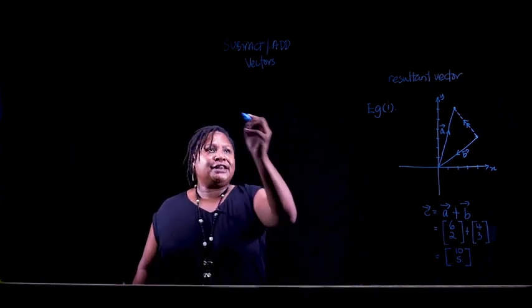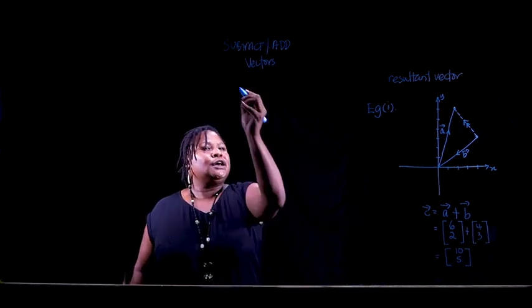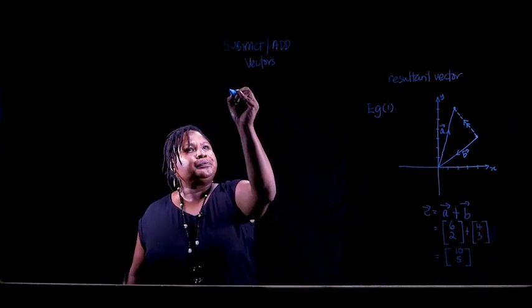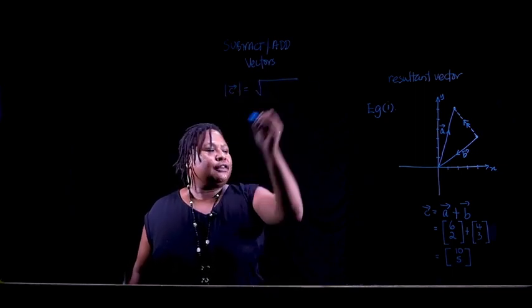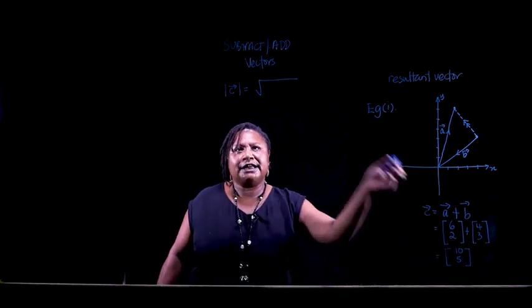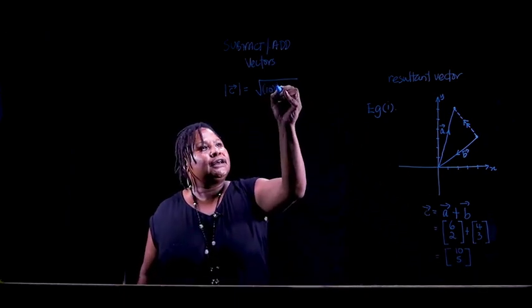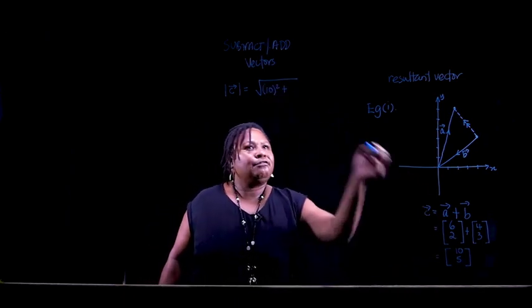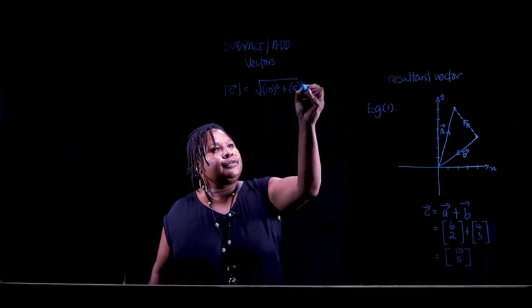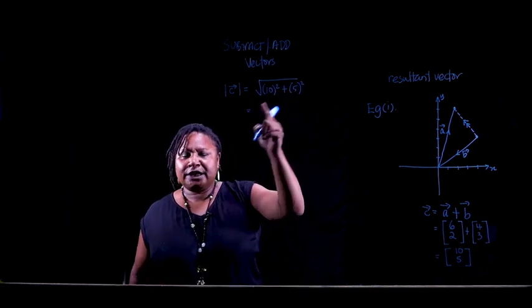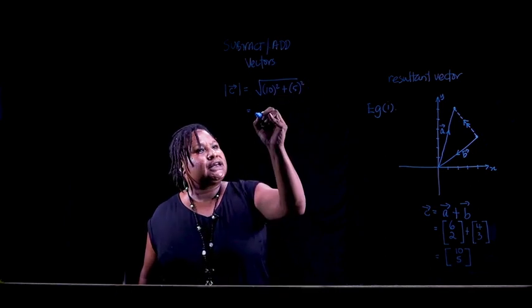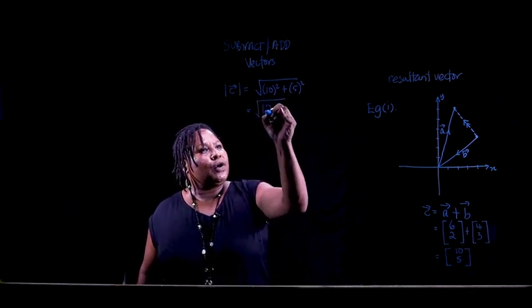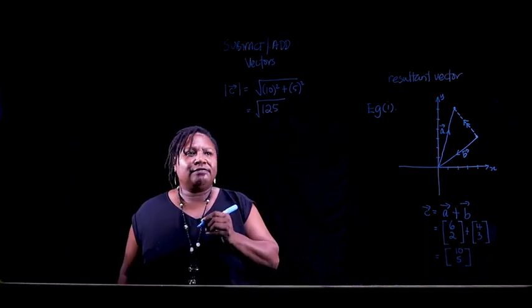We apply Pythagoras to find length. Vector C is equal to the root of 10 squared plus 5 squared. 10 squared is 100 and 5 squared is 25, so that gives us a total of 125.